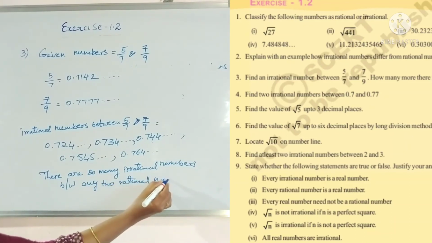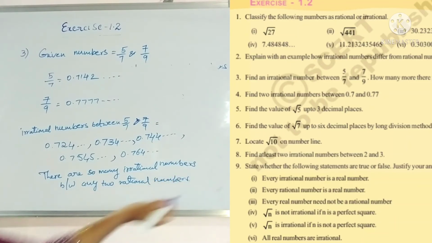So our first one is just by formula we can calculate one single number in between, and by using this we can write so many numbers based on our choice. Now we will see our next question.